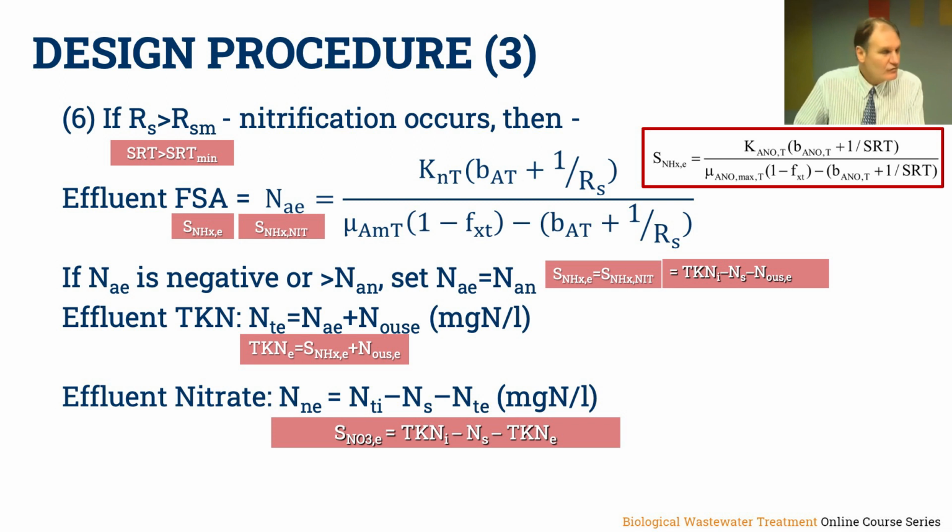The nitrate concentration generated would be the ammonia concentration available for nitrification minus the residual ammonia concentration not nitrified, or that is equal to the influent TKN concentration minus the nitrogen that is required for sludge production for the heterotrophic organisms minus the effluent TKN.